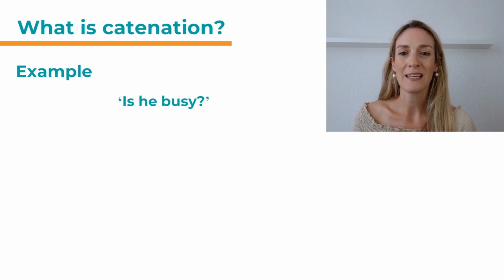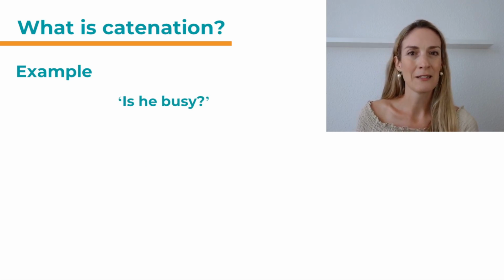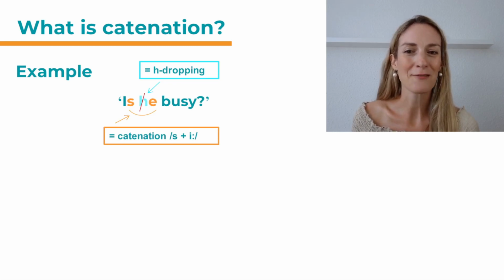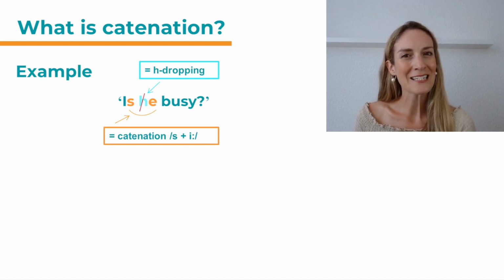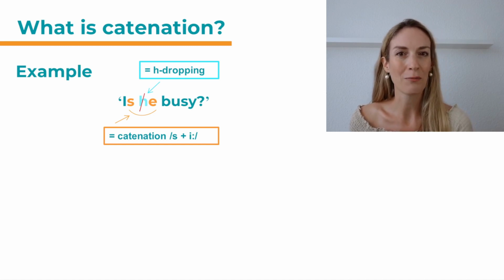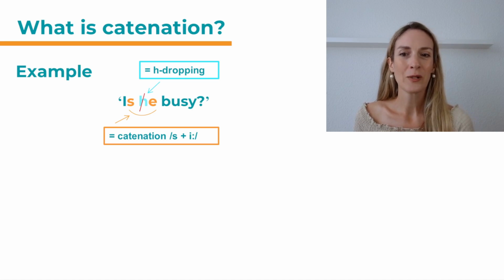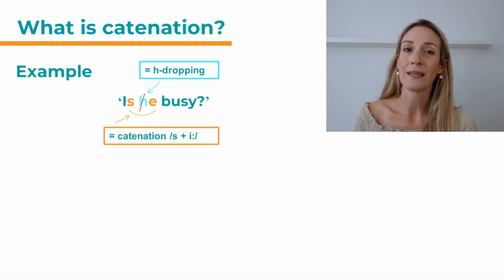So we have, "is he busy?" Now, here we have two things happening. First of all, in connected speech, quite often we drop the H in "he." This is called H dropping. It means it's lost. And so then we have S followed by E. Now that's again catenation, linking from consonant to vowel sound.